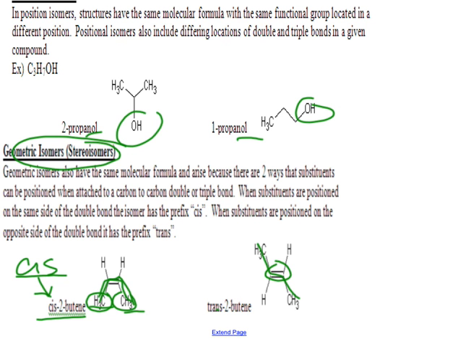If I would have drawn butene, 1, 2, 3, 4 like this, and put the bond like this, well, I guess you could. It would look like that. So yeah, you could. I take back what I was going to say. So this would be up here, trans, and this would be cis.